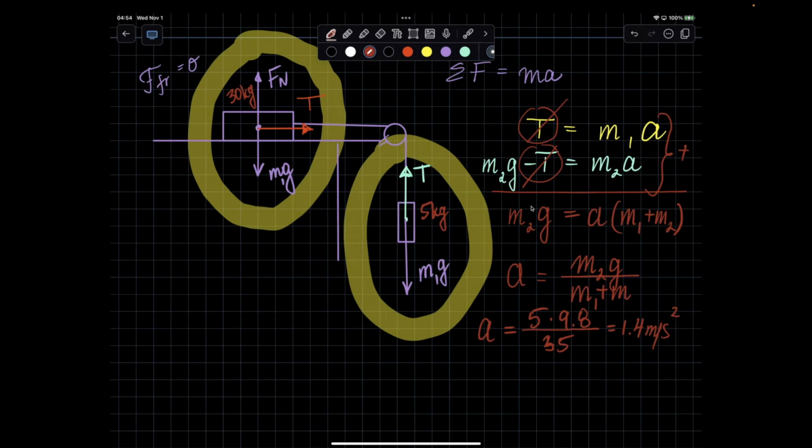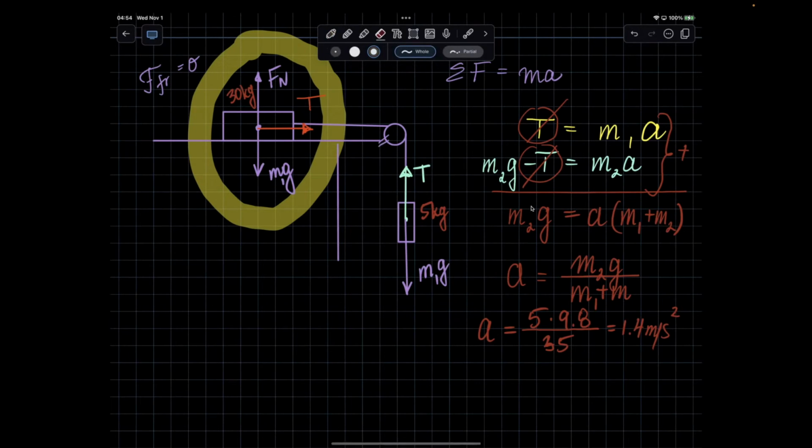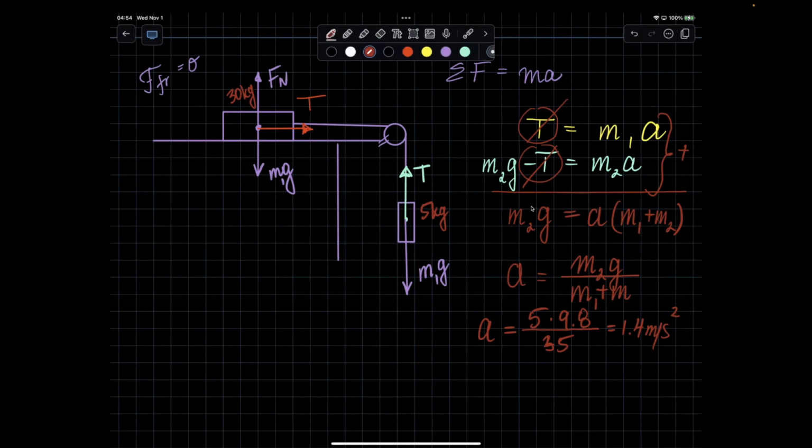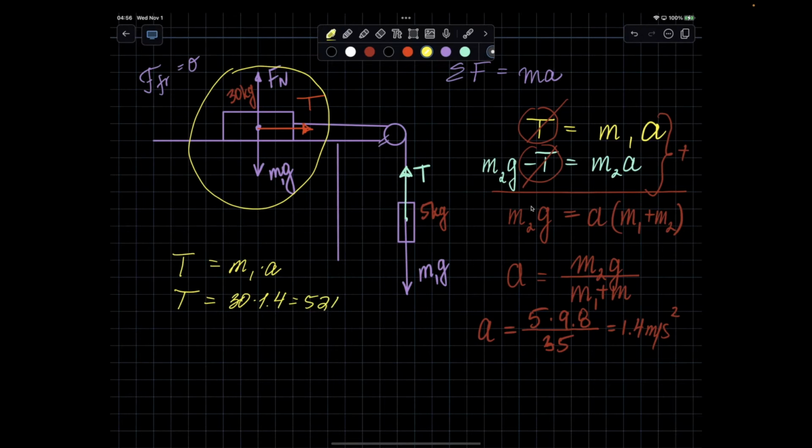And then I can go back and figure out my forces of tension. The first equation would be the easiest because the first equation tells me that tension equals mass 1 times acceleration. It's the one that is sitting on the table. 30 times 1.4, which is 42 newtons. For the second equation, I go for 5 times 9.8 minus tension equals 5 times 1.4.